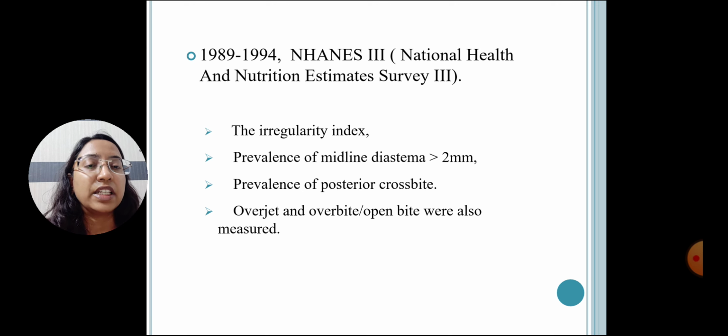This was a very large study where both children and adult population were considered, and they were interviewed as well as physical checkups were done.